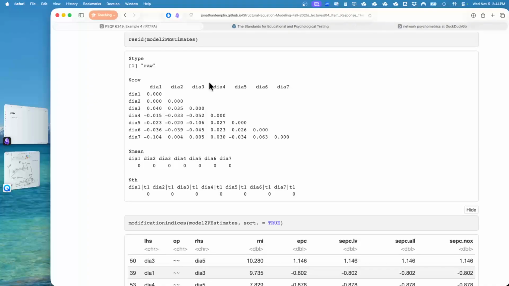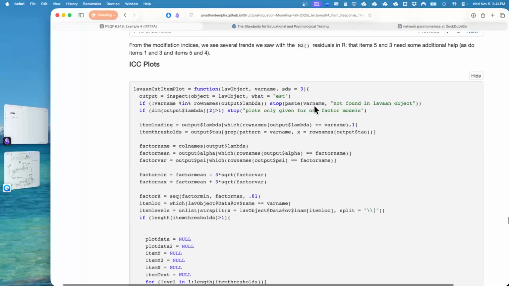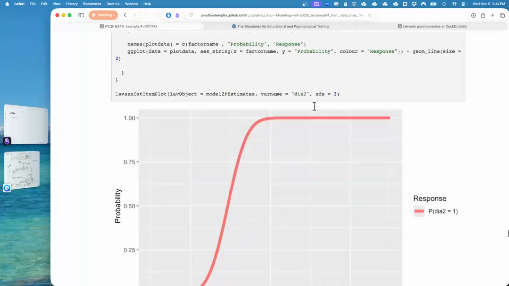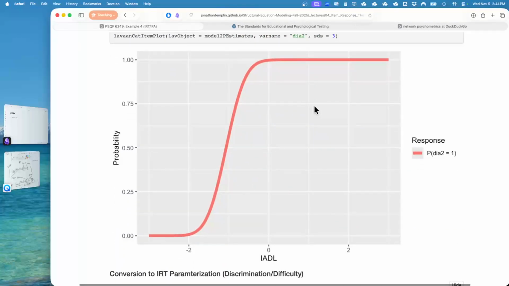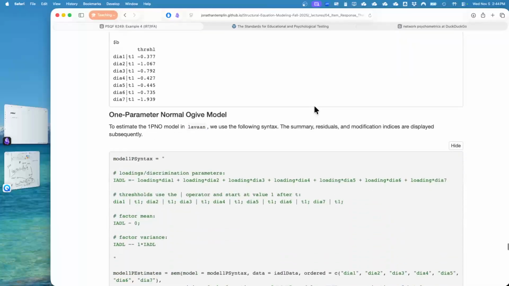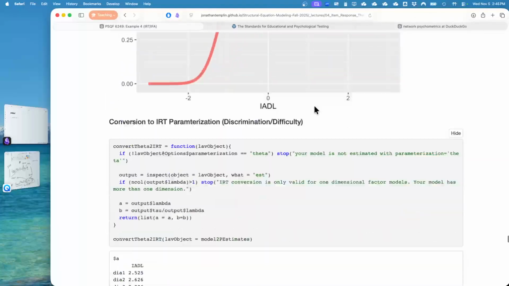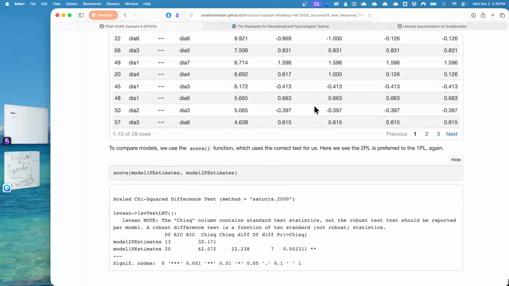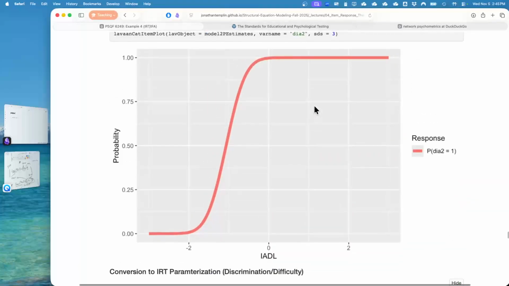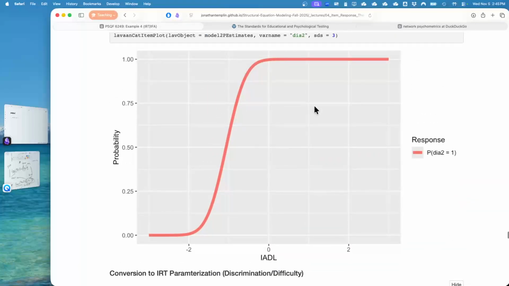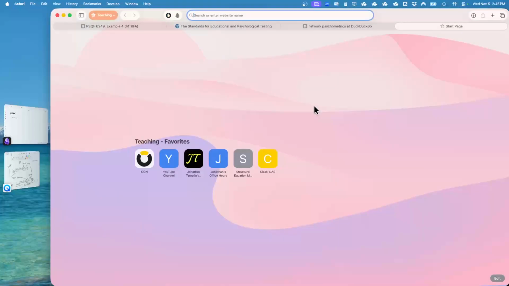Analysis questions. Should we look at the plots of item characteristic curves? There we go. Uh-oh. Hang on one second here. Why is my plot not showing everything? All right, give me a second.